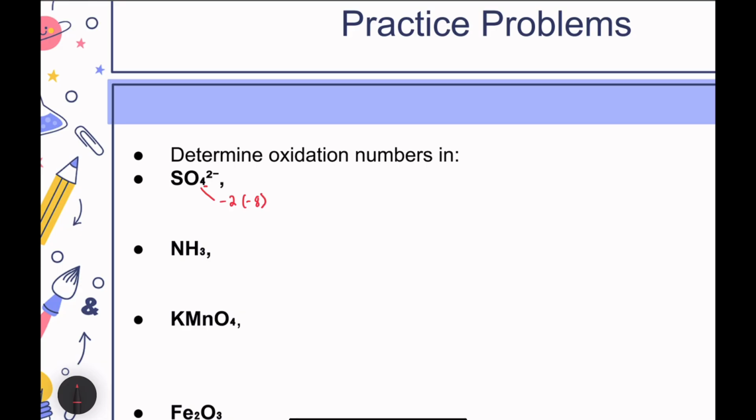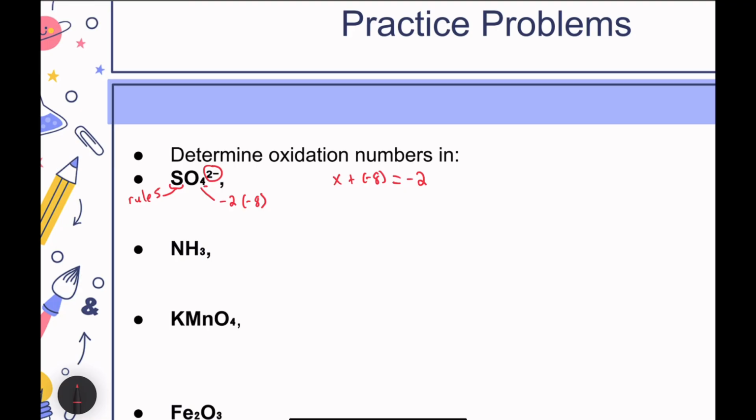Now, if we go through the rule list, we can see that there are none that directly apply to sulfur in this case. When there's no direct rule that applies to an element, then you know you're probably going to have to deal with Rule 5, which states that the sum of the oxidation numbers of all the elements in the compound must equal the charge, in this case, -2. So the way I think about it is, sulfur as X plus -8 is going to give me -2.